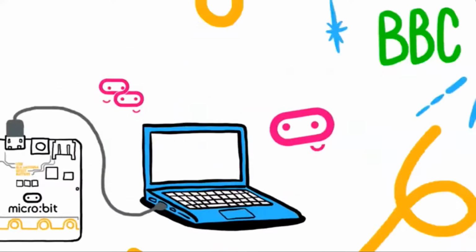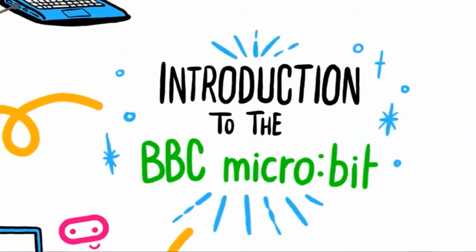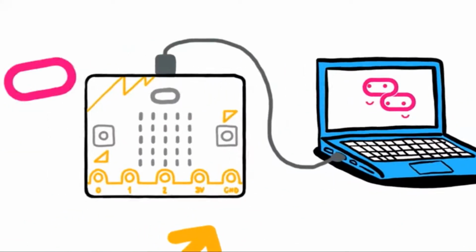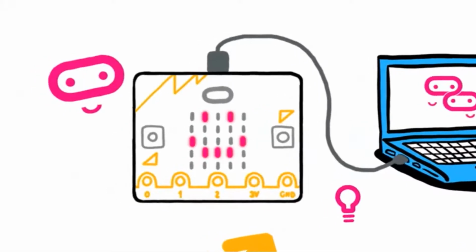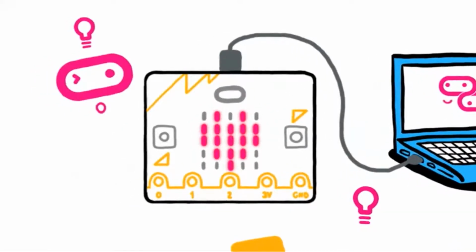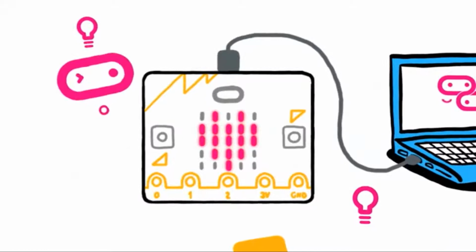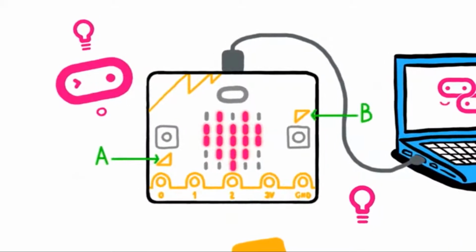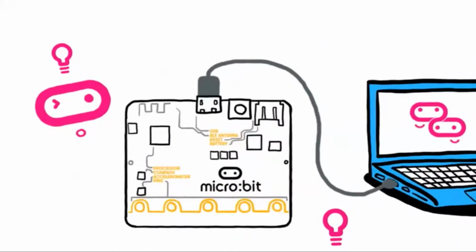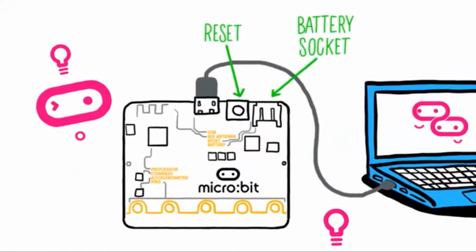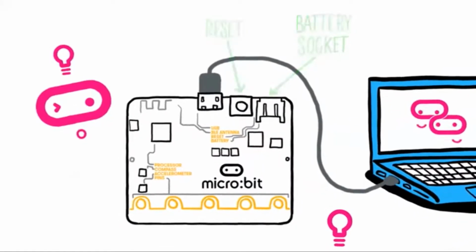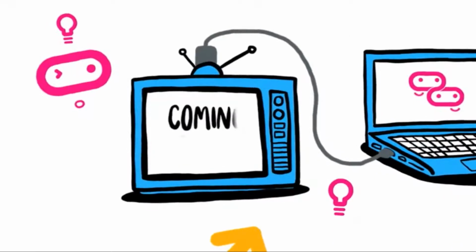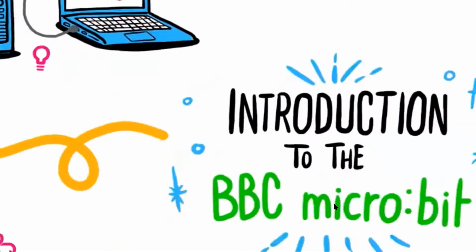Let's have a look at it. On one side of the micro:bit, you will see 25 LEDs arranged as a square to make a simple display. There are also two input buttons, button A and button B. On the other side, you will see a reset button and a small socket to plug in a battery pack. We explore the processor and other features in further videos in this series.